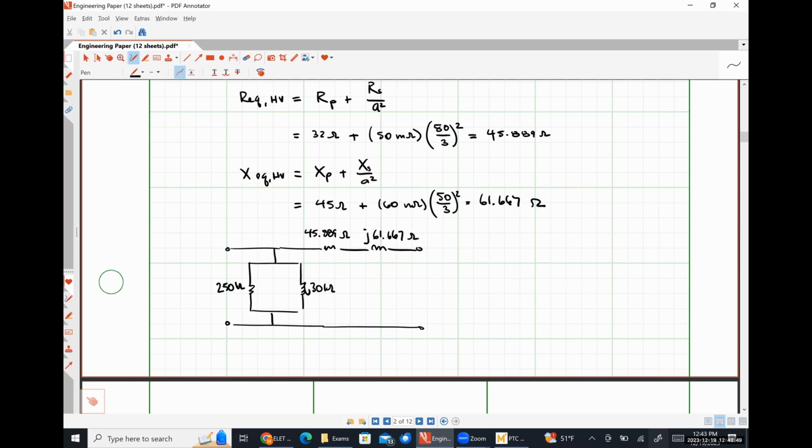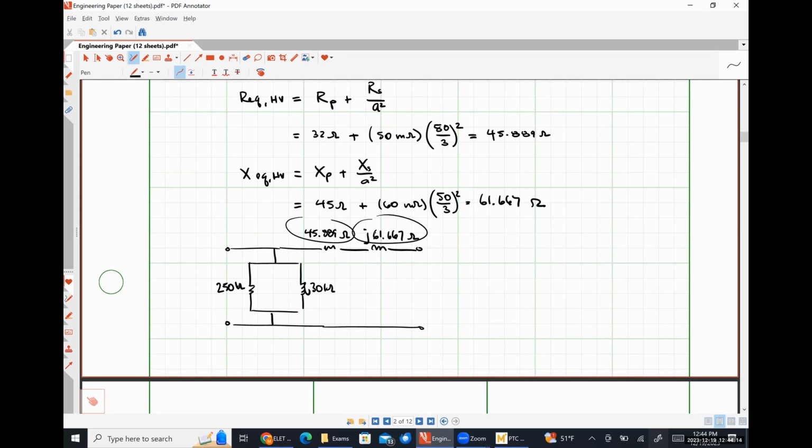All right, so any questions about this process? Hopefully fairly easy and straightforward. Okay. So what are we going to do for part B? Realistically, we don't even have to do the same thing, right? We have the equivalent resistance and equivalent reactance on the high voltage side or the primary side.